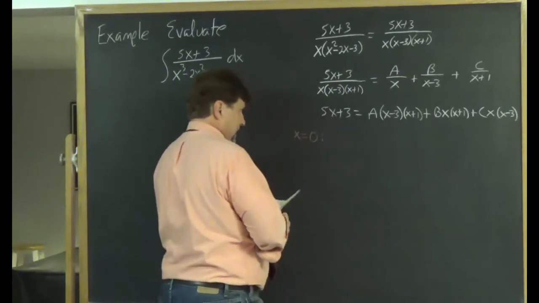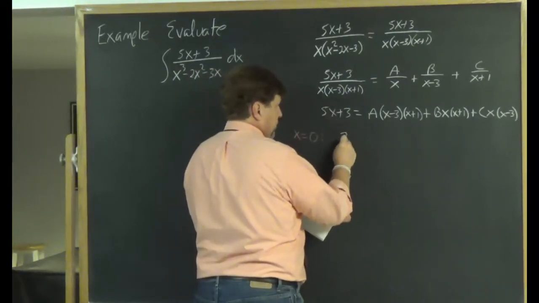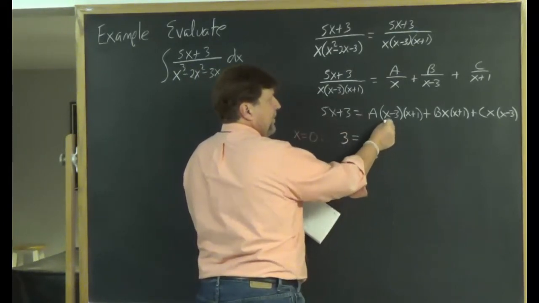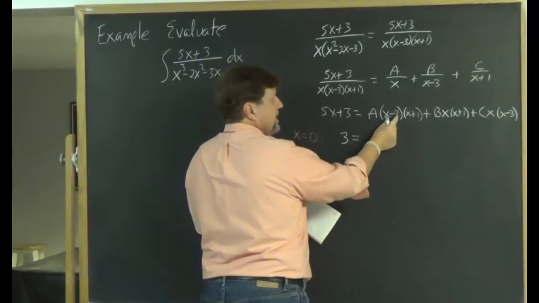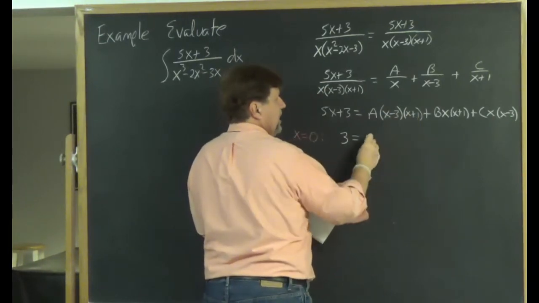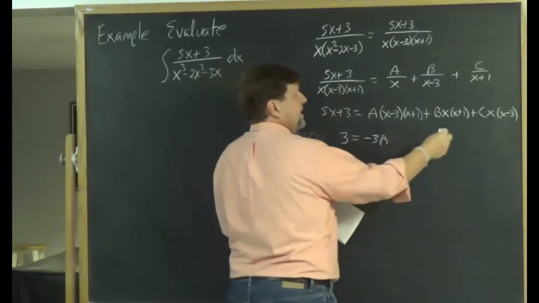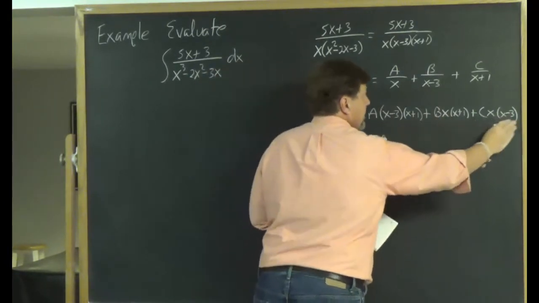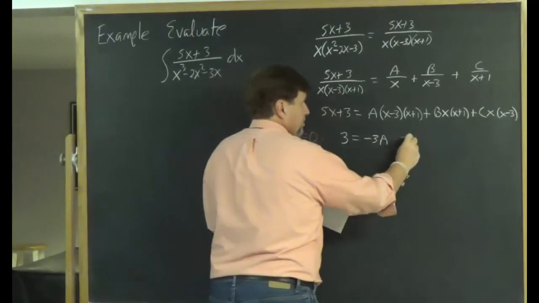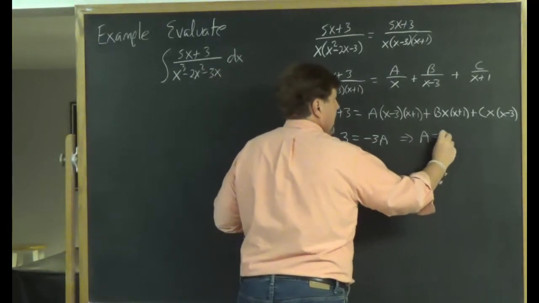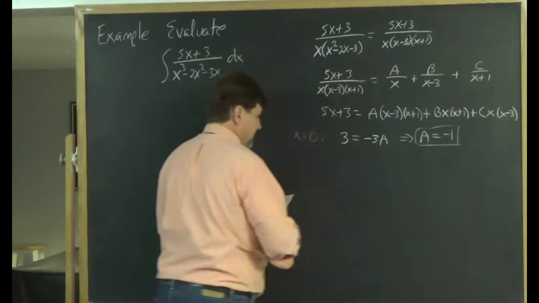If I pick x equals 0, that gives me 3 equals, so this is negative 3, this is 1, so that's negative 3A. If x is 0, that'll be 0 and that'll be 0. So we immediately have A is negative 1.